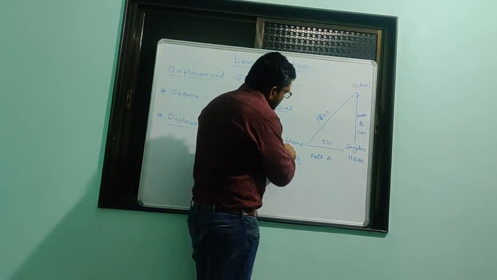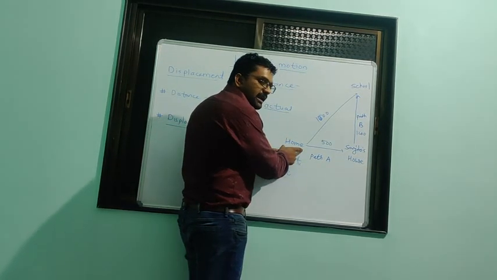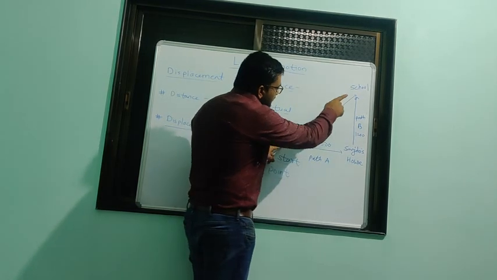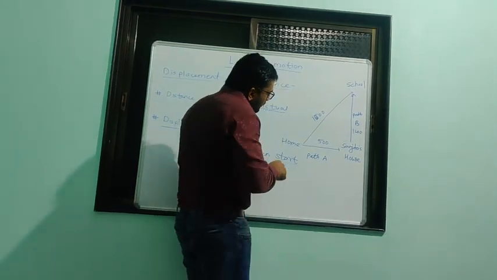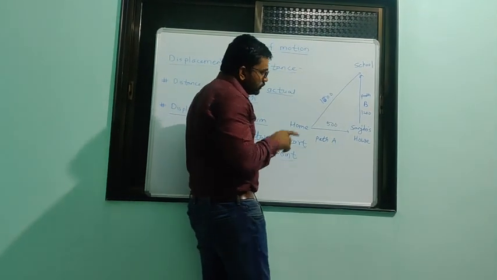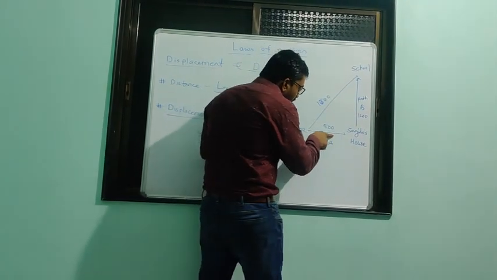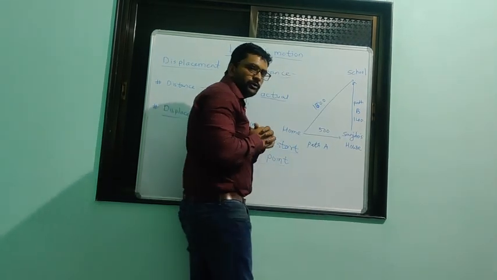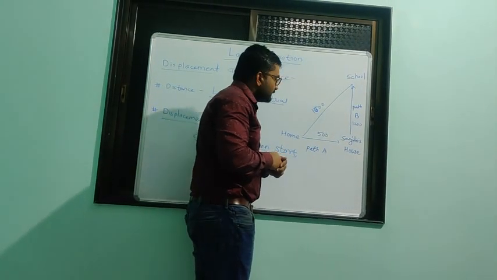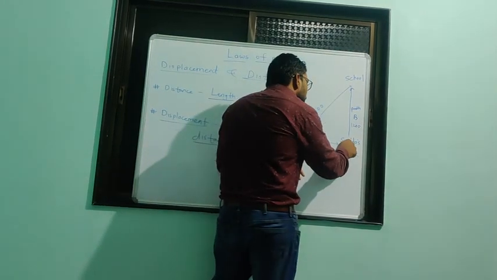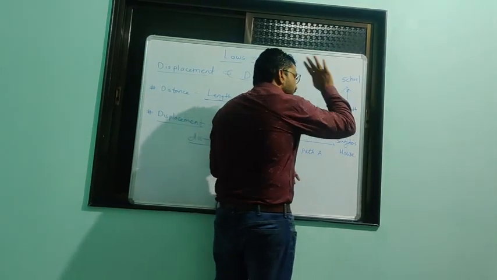This is Sheetal and Prashant's home. From here they have to go to school. Now what happened? Sheetal first goes towards his friend Sangeeta's house, then Sangeeta and Sheetal together go to the school.